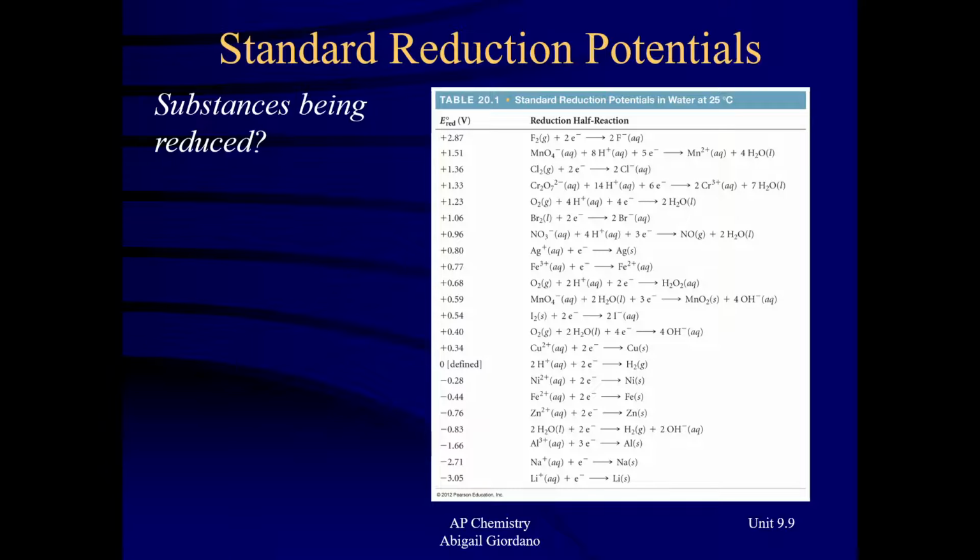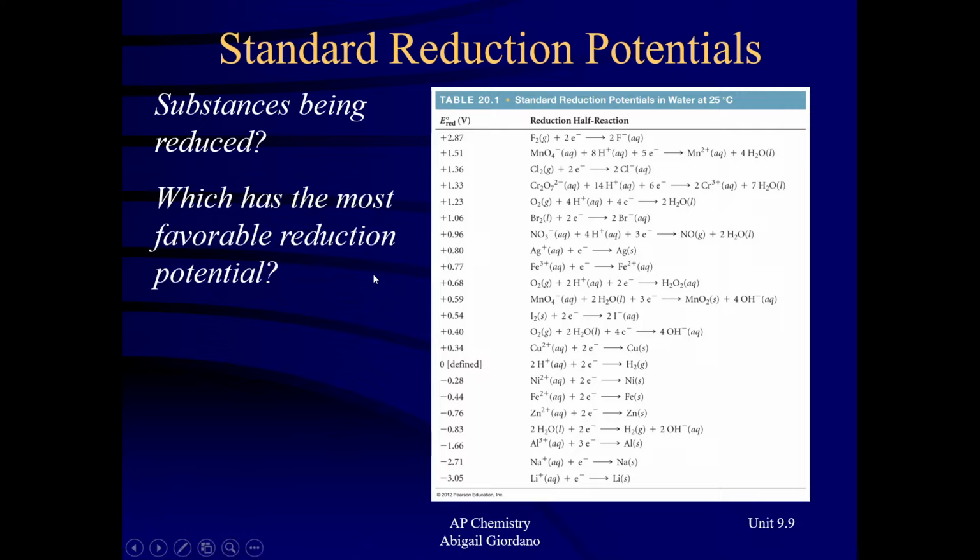First and foremost, where are the substances in this chart that are being reduced? Well, they are all on the reactant side. Now, this is something we're going to get into today. It says, which has the most favorable reduction potential? Favorable is a word we have seen before when we were talking a lot about Gibbs free energy.